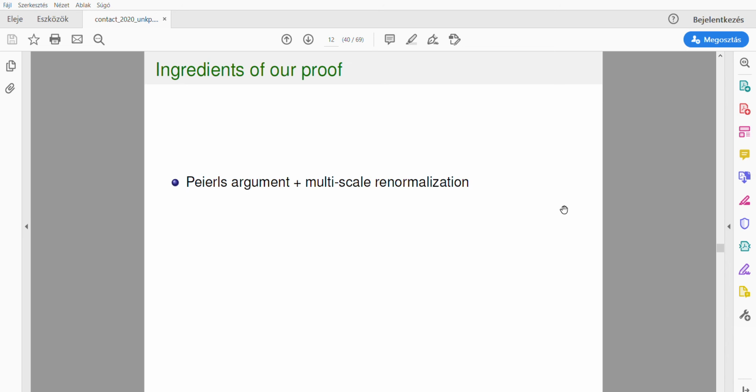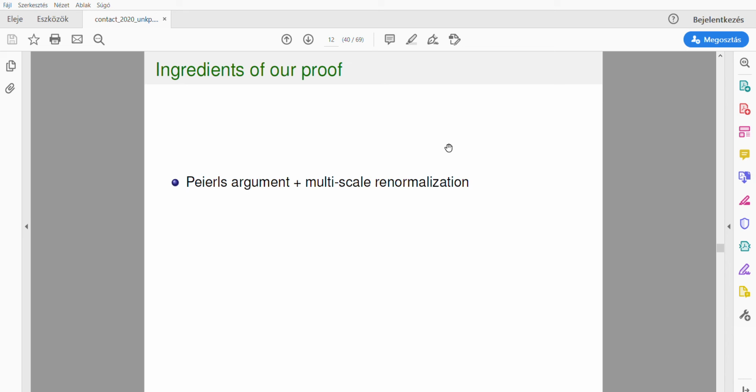So this is my thing. If you've seen lectures by me, then probably you know that one of my tricks is multi-scale renormalization, and this is a method that we have already used with Daniel.